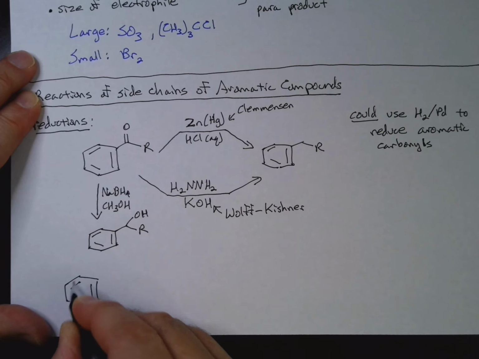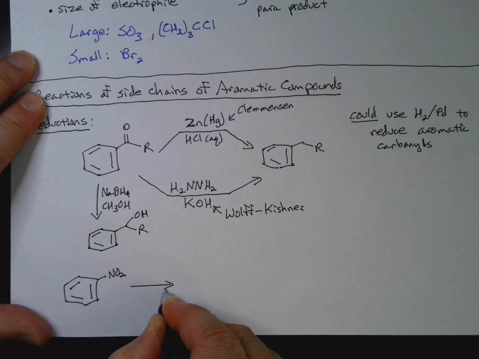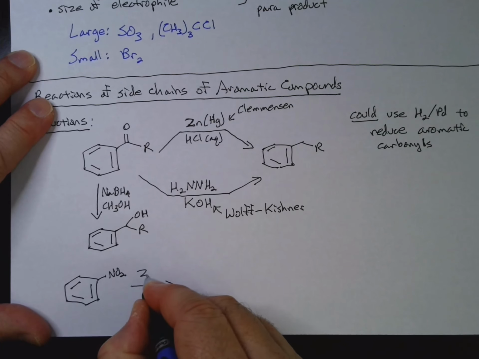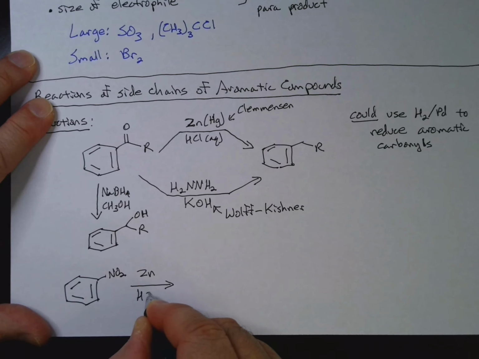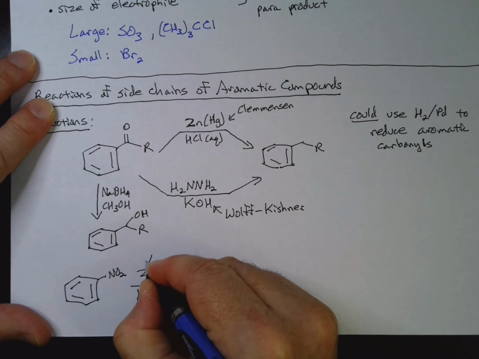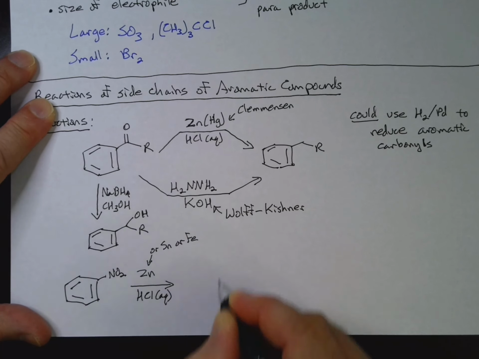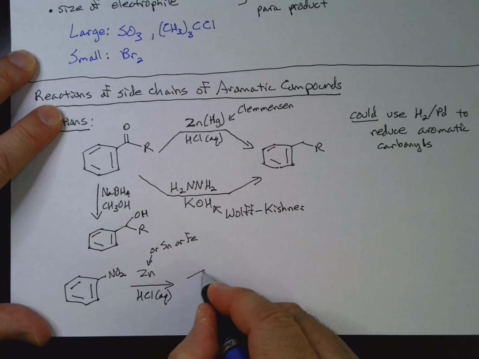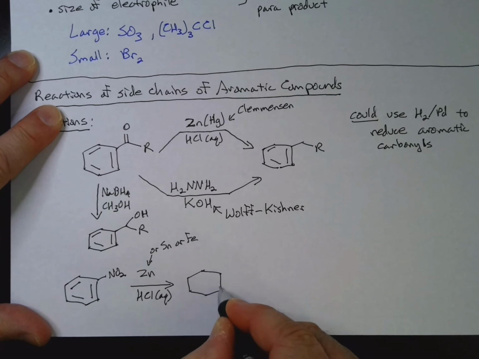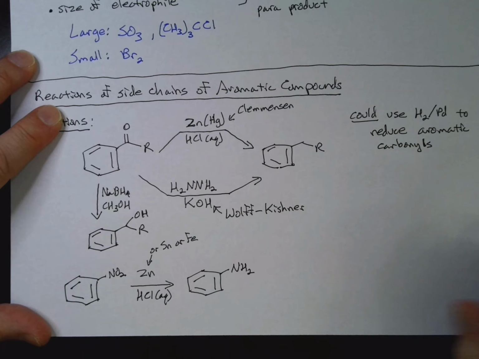We could also have nitro groups can be reduced using zinc, or we could use tin or iron, and we will end up getting our NH2.